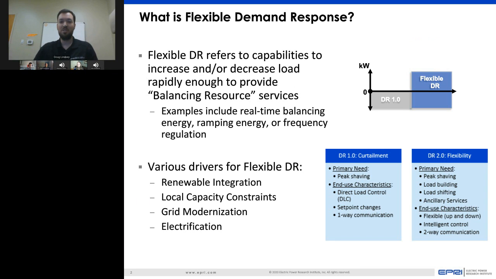This is different from traditional demand response where the focus was just to shed load during peak times. Flexible implies that it can go up or down, and water heaters are a good candidate for this type of demand response. They have the ability to store energy, and loading up and going up and down is something that can be of a benefit in many different ways.